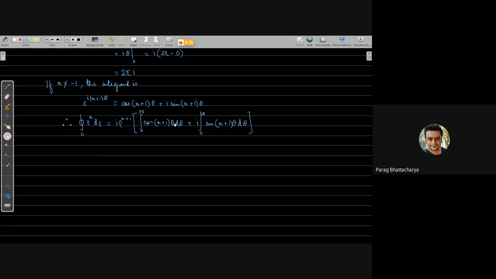So 0 to 2 pi cos of n plus 1 theta into d theta. This is one integral, and the other integral will be equal to i into integration from 0 to twice pi sine of n plus 1 theta into d theta. Now what will these be equal to? What will be this result?